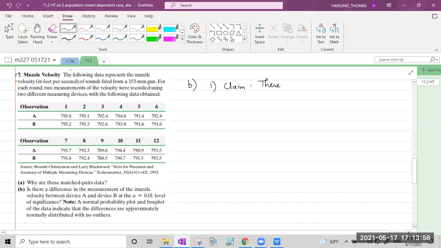There is a difference in the measurement of the muzzle velocity between device A and device B. That's our step 1.